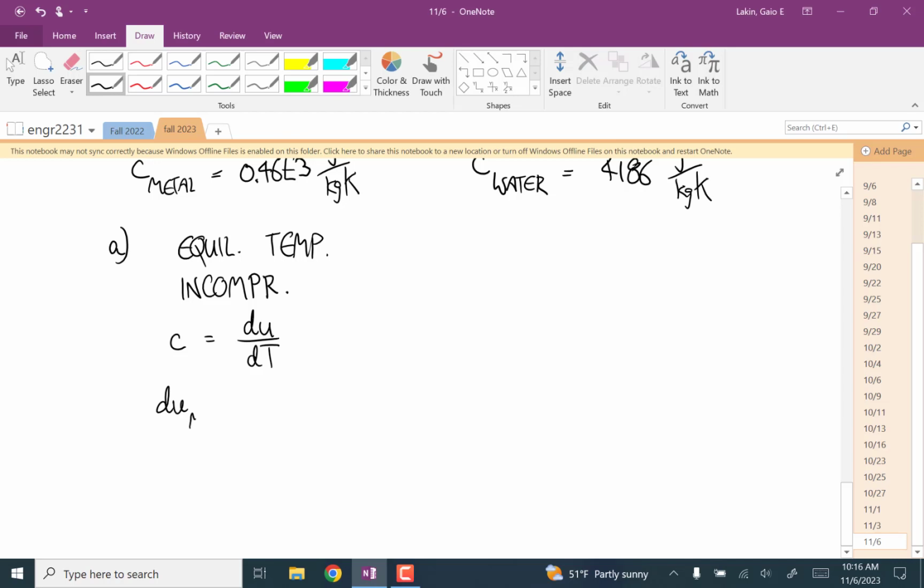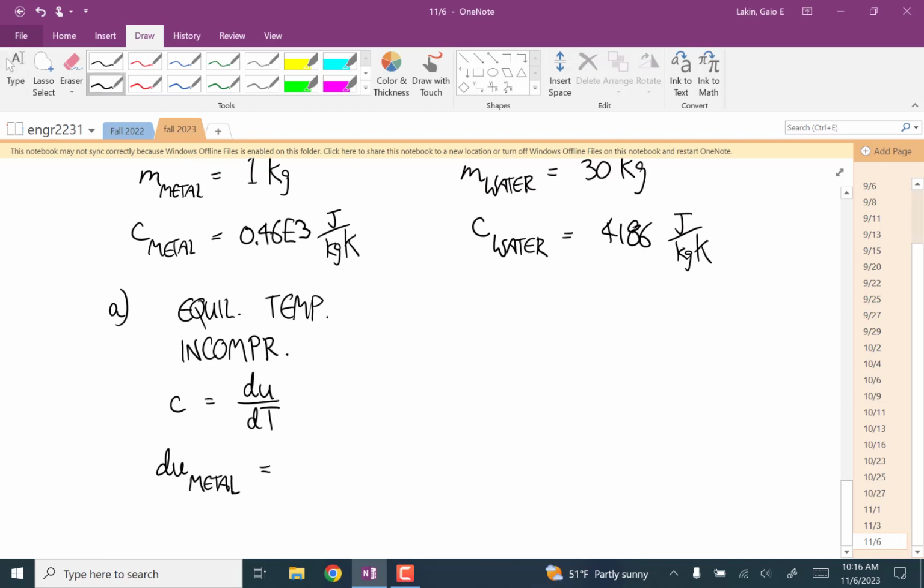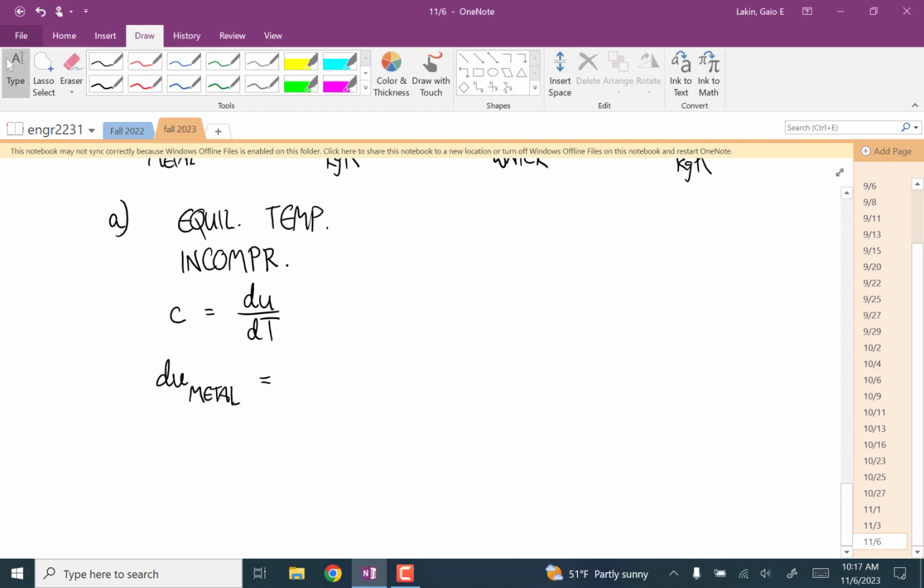So du for the metal is equal to, this 0.46 times 10 to the third is 460, so this is equal to 460 dT for the metal.